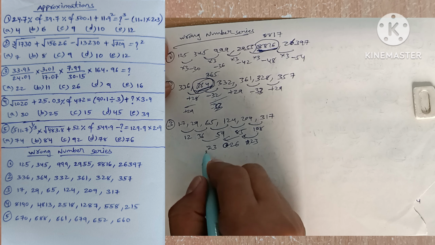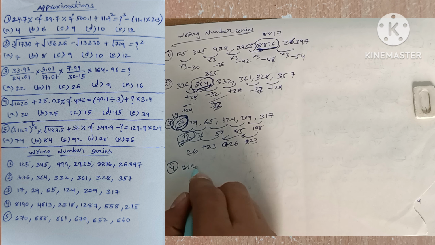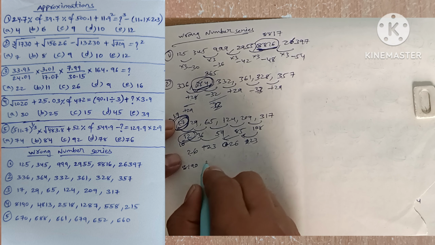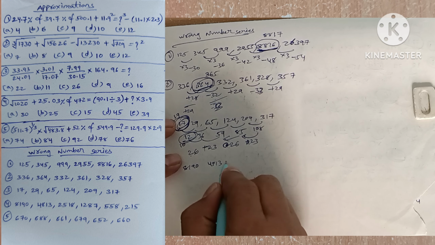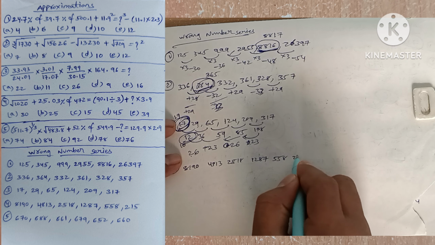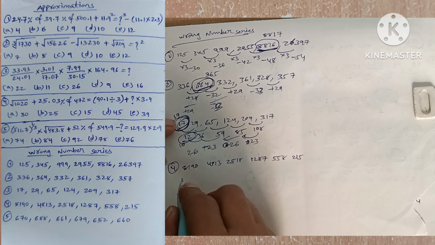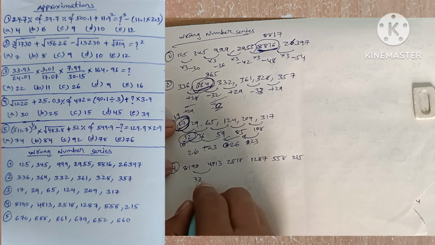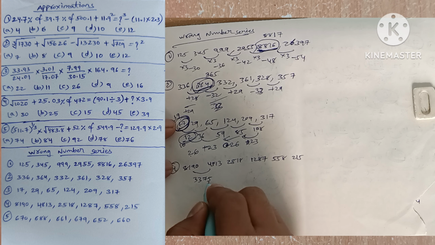Fourth one. 8190, 4813, 2518, 1287, 558, 215. Here the difference is 3375, which is 15 cube.